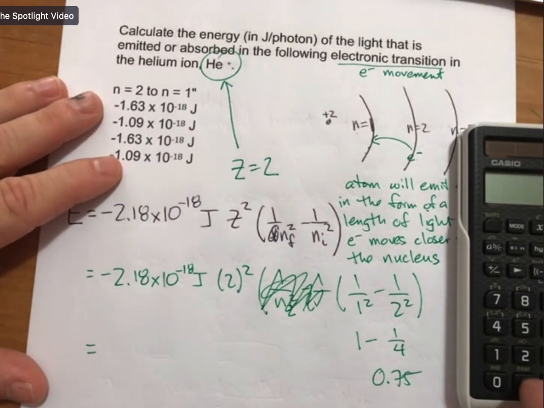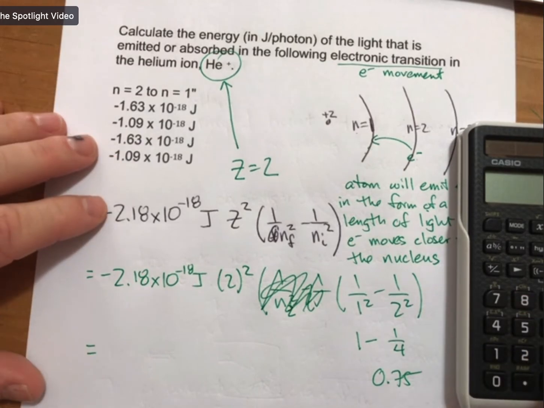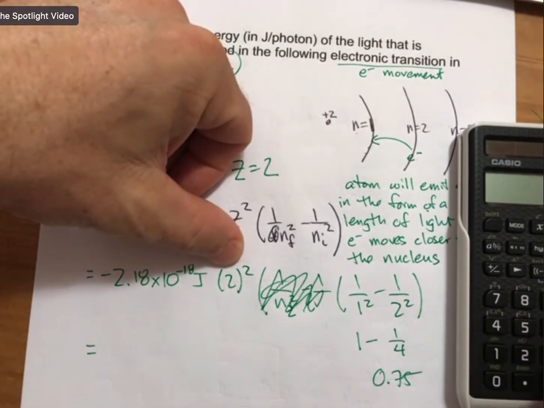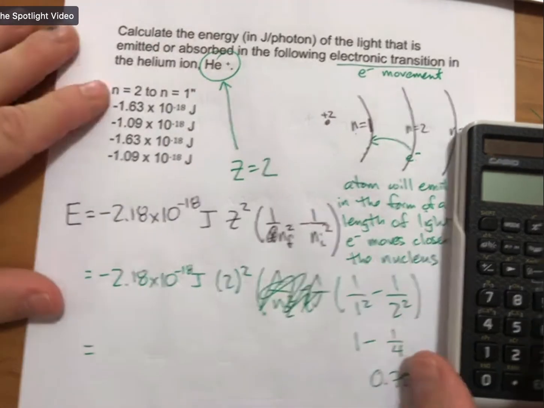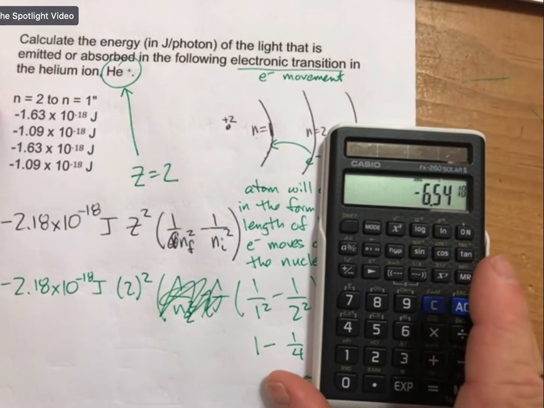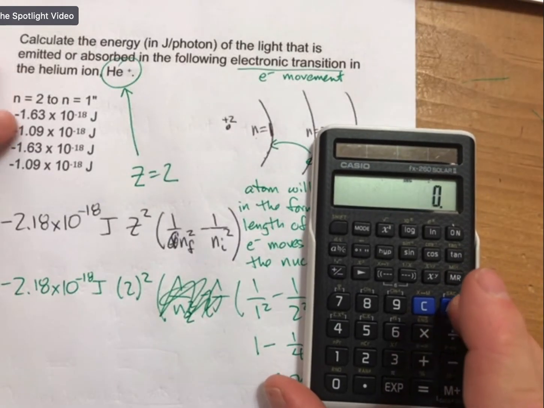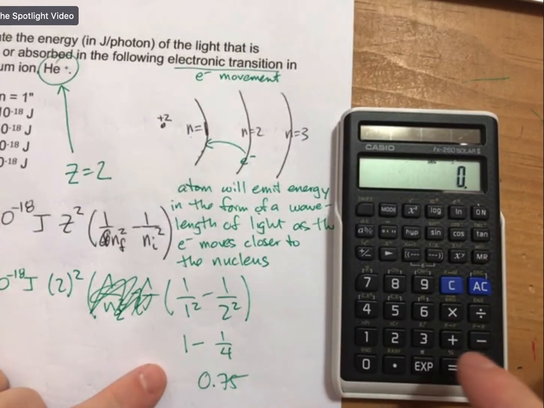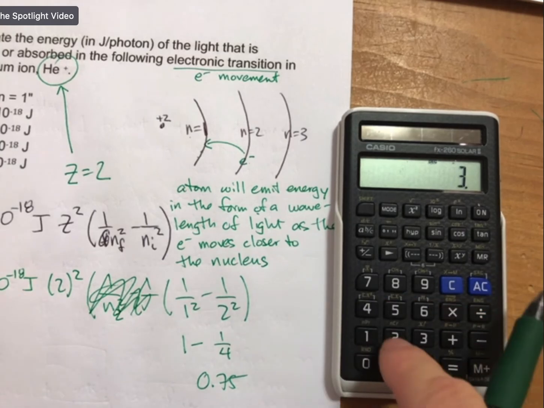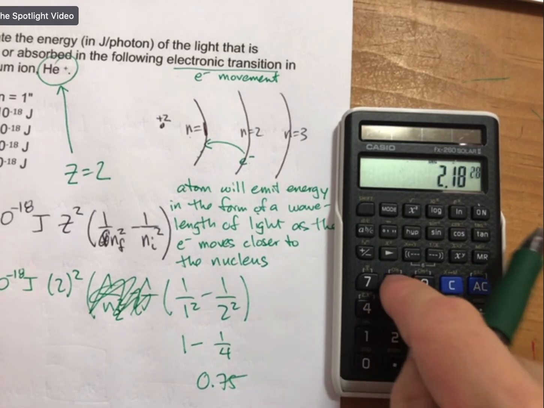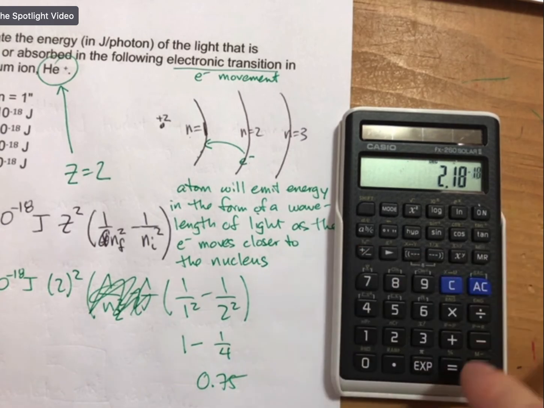Now if it's 0.75 times 4 times 2.18 times 10 to the minus 18, I get 6.54, oh, something's up here. 0.75 times 4 times 2.18 exponent minus 18 is 6.54 times 10 to the minus 18.